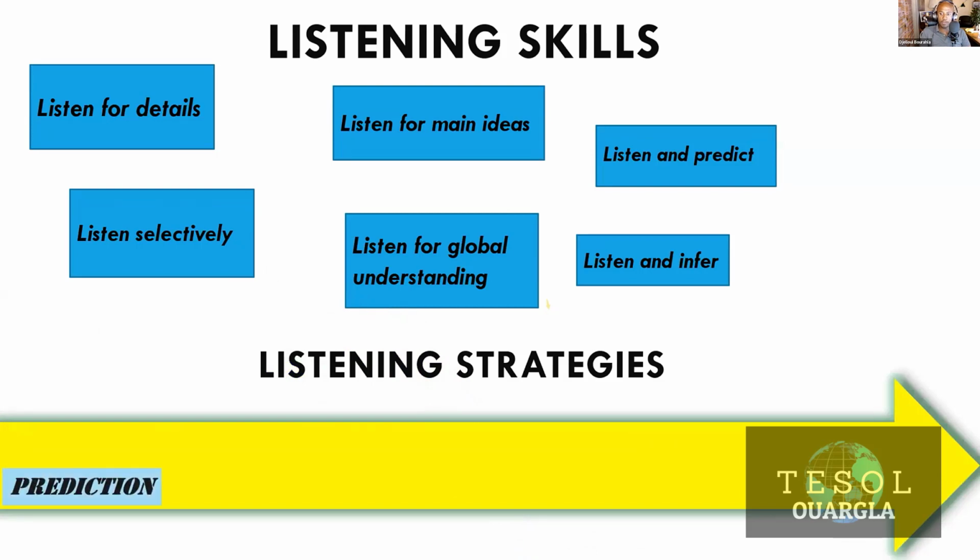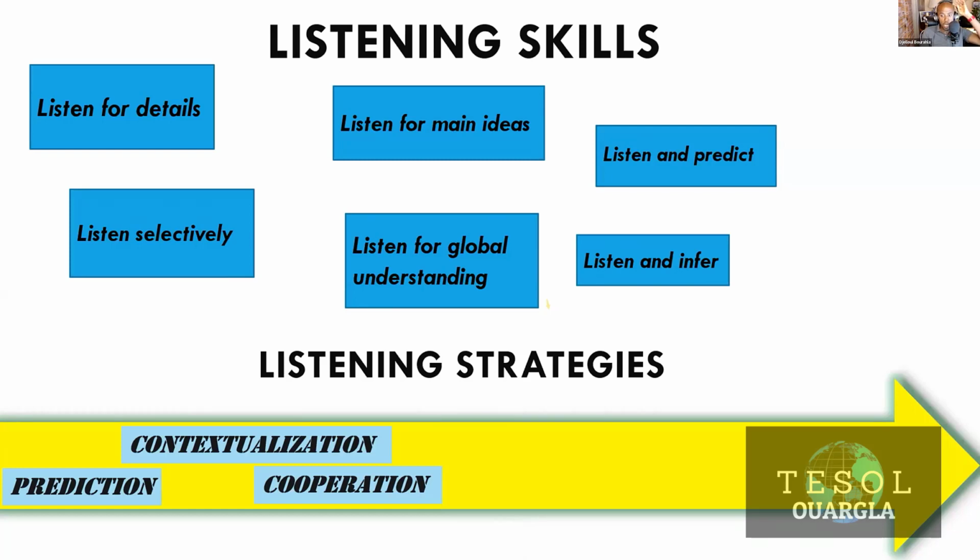So we also have prediction. And prediction, of course, is the ability to anticipate the context of what one is going to hear. Then we have contextualization, which is placing what is heard in a specific context to assist further comprehension.